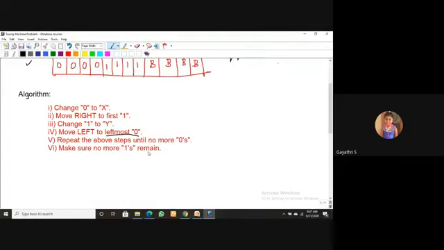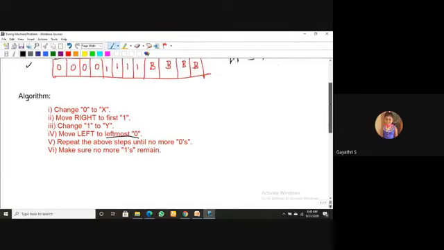I will demonstrate step by step. For the diagram, it's very easy. Once you catch the instructions and identify the logic, it's very easy to draw the transition diagram. Please be very careful.